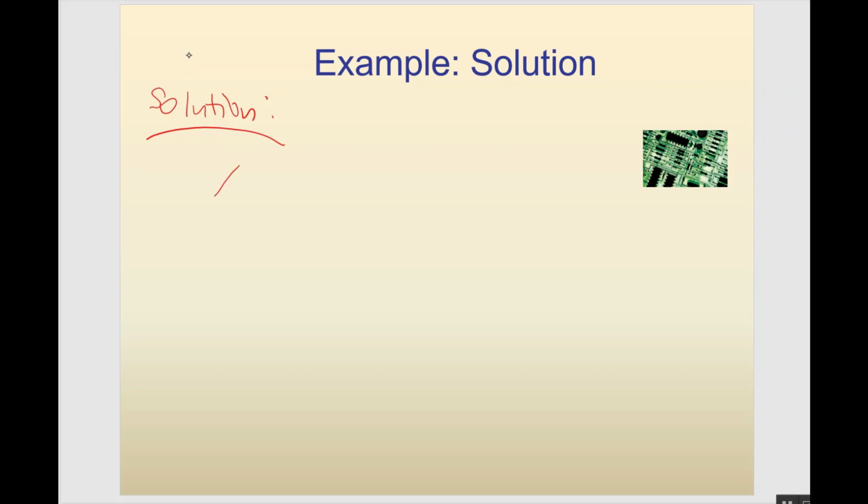So the solution is x bar. Remember the formula in the previous slide, x bar plus minus Z alpha divided by 2. So just now you only found Z alpha divided by 2, the first step. Now we want to use this formula and plug in all the information from your question.